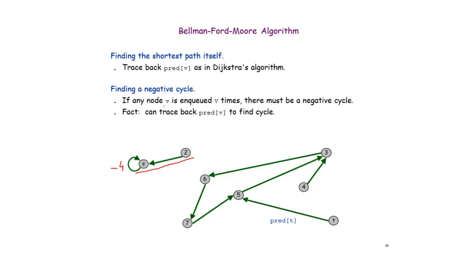We can detect a negative cycle by the following property: if any node v is enqueued V times, meaning we have included it into the queue V times, then there must be a negative cycle. Here V means the number of vertices. We can also use our structure of the previous elements.